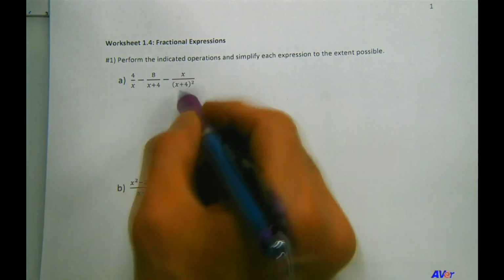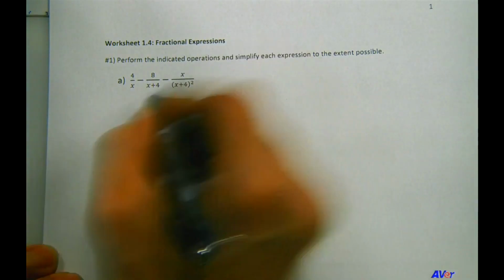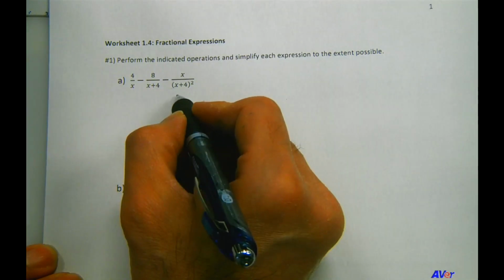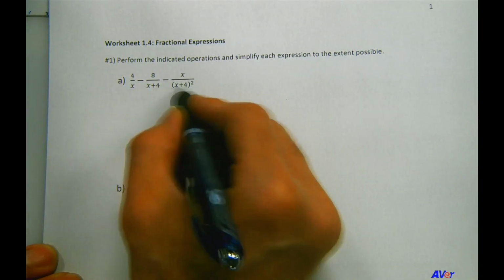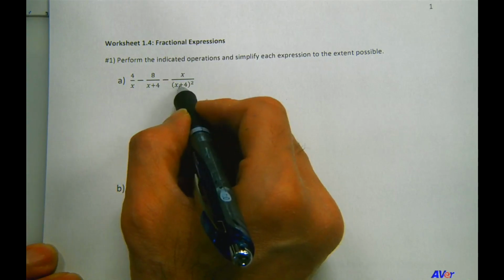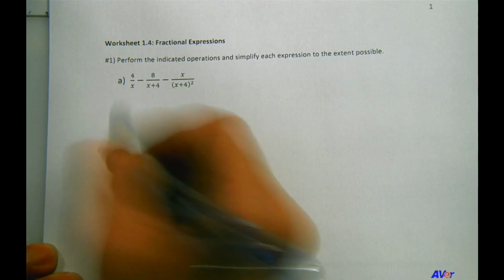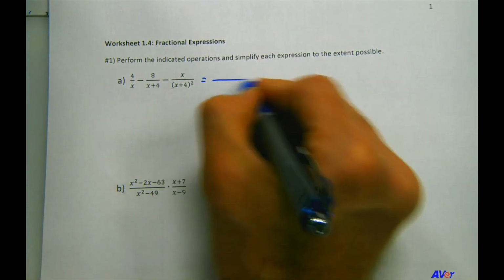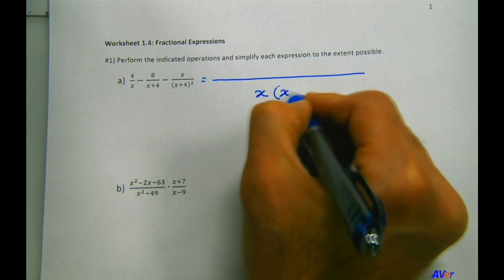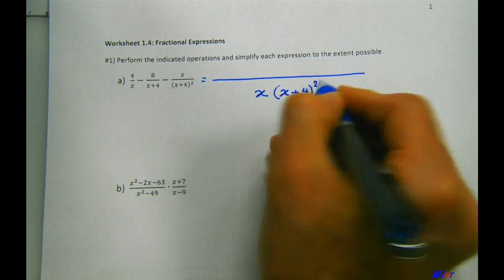So we know that the common denominator here would be x times (x plus 4) squared, right? That x times (x plus 4) squared would have a piece in it that would cover all three denominators. So let's take that as the common denominator, x times (x plus 4) squared.